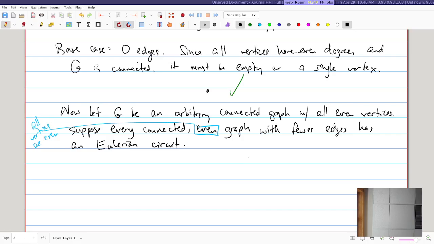I claim that you cannot possibly get stuck until you get back to the vertex where you started. And you definitely will get back to the vertex where you started eventually. Why is that? Because all the vertices are even: any vertex I go into has an even number of edges, so it's got to have at least one more waiting for me to exit from.